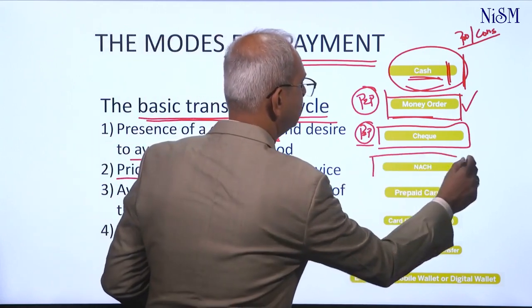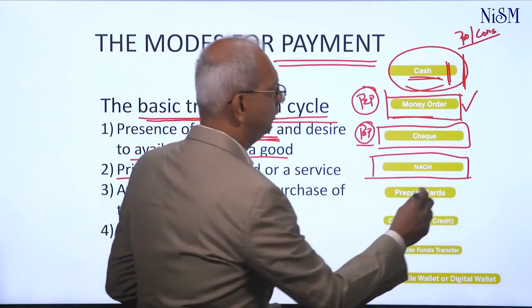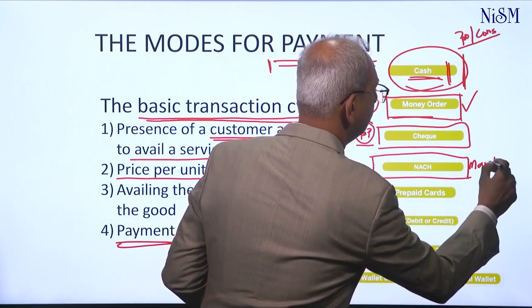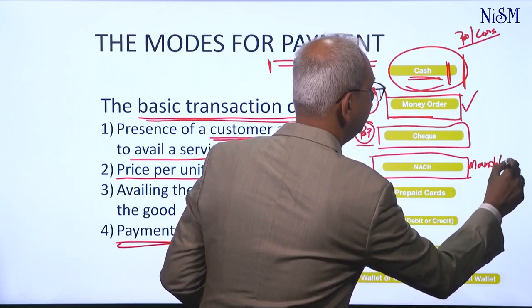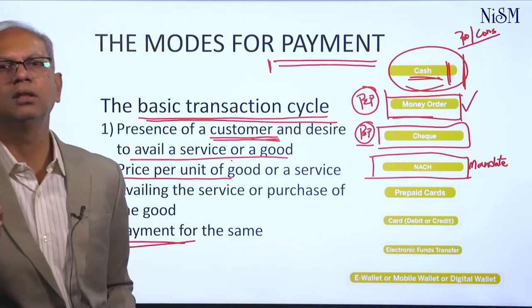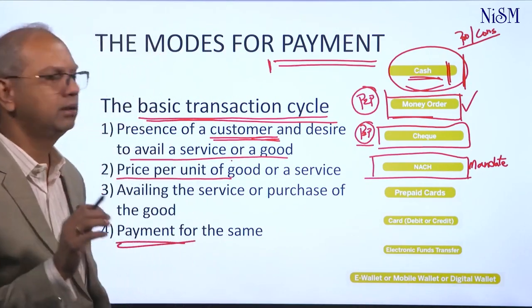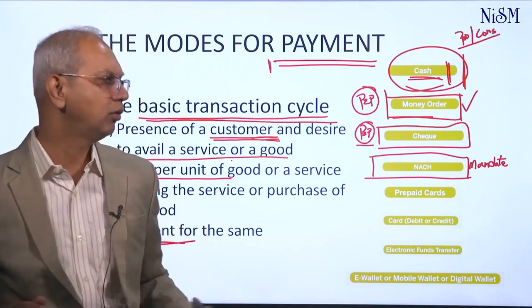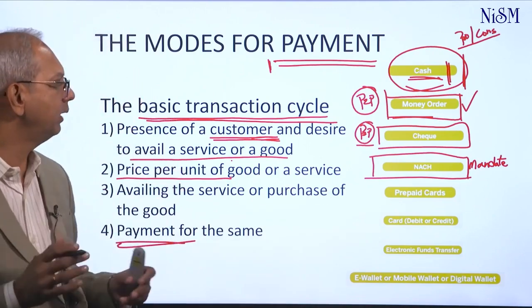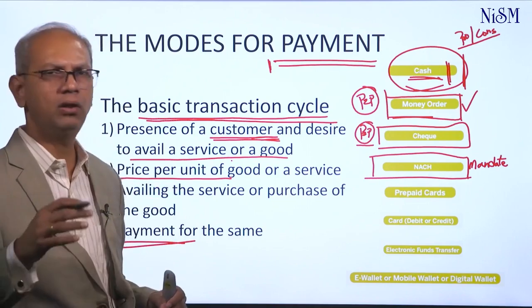This NACH is basically a mandate, and we'll see more of this in the next slides. It's called NACH, or the National Automated Clearing House. That's the short form for NACH. This is an automatic method of settling payments, typically periodic payments.